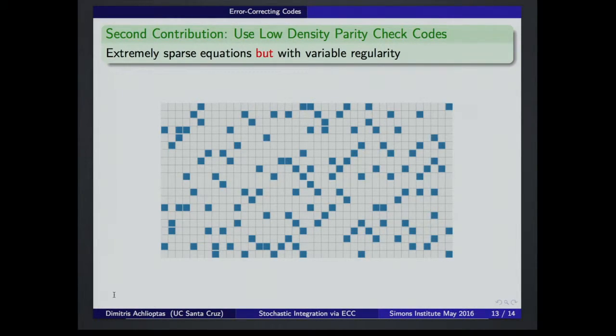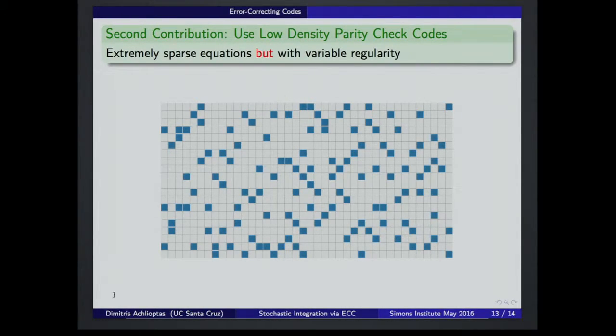So this is my matrix A. I have n columns and m rows, exactly like before. And I want most of the entries to be zeros, so that each of the equations has few variables, so that when the equation is unhappy, in order to fix it, the branching factor in the search is small. So in the original ensemble, everything was blue with probability 1/2.